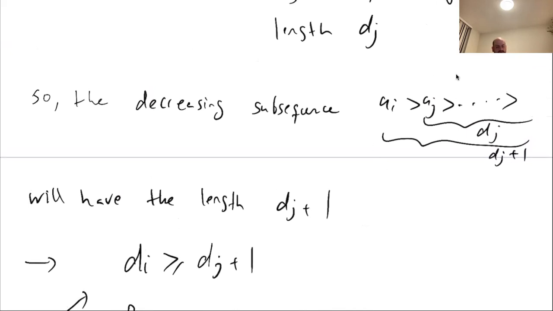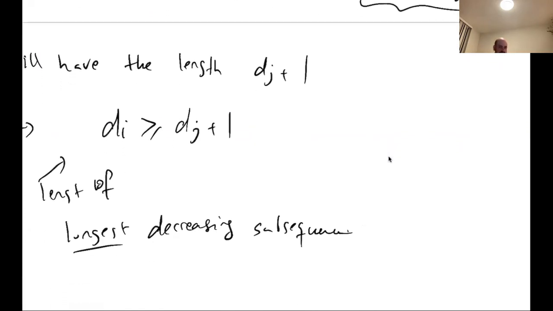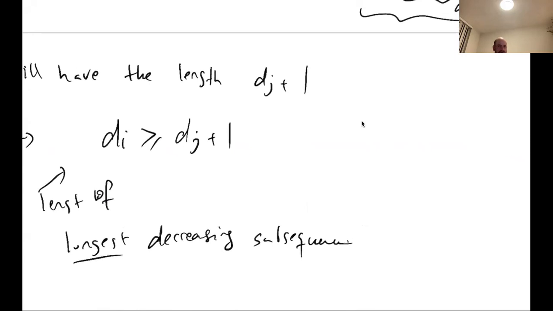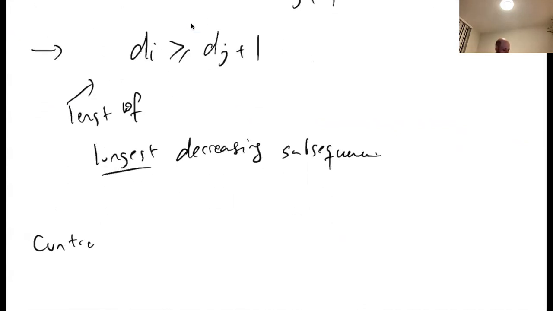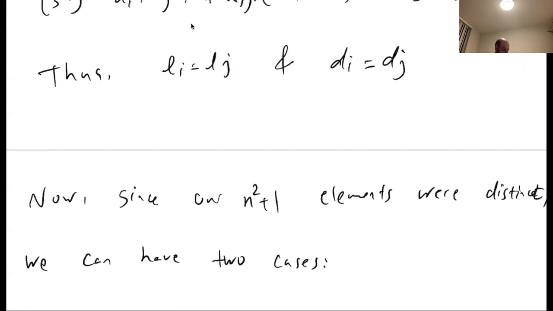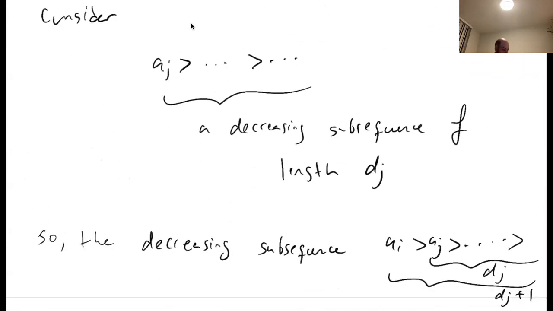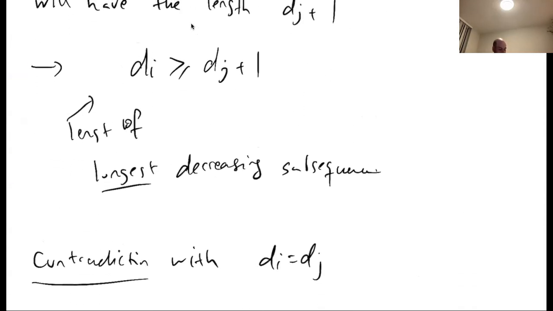So if I already found one subsequence of length DJ plus 1, the length of longest such subsequence must be bigger than or equal to DJ plus 1. And this is contradiction with DI equals DJ. Remember, previously we concluded DI must be equal to DJ. And this is, of course, in contradiction with DI bigger than or equal to DJ plus 1.